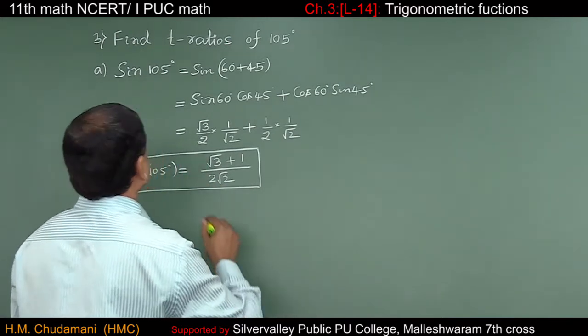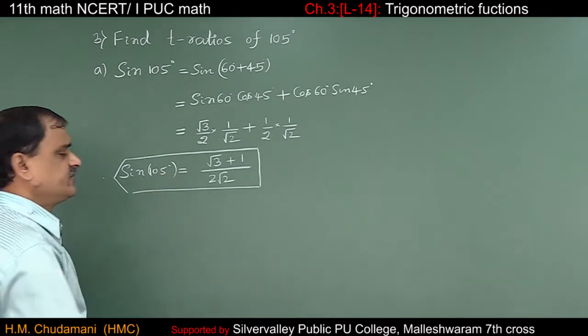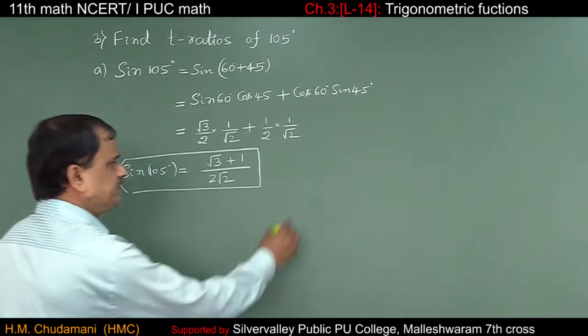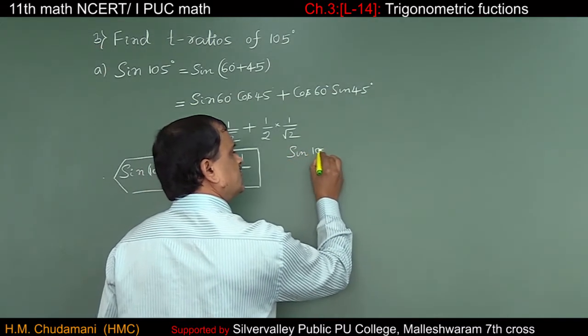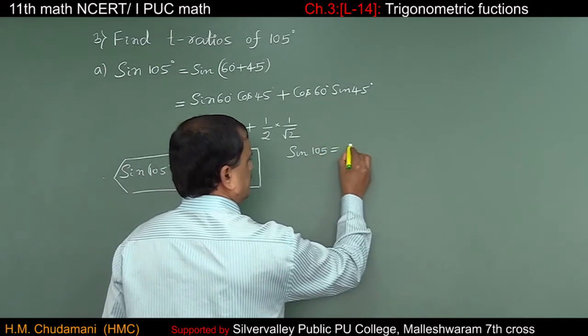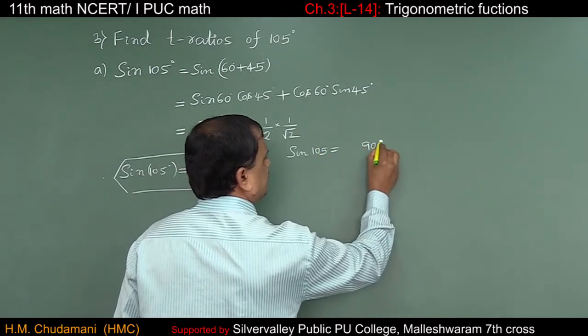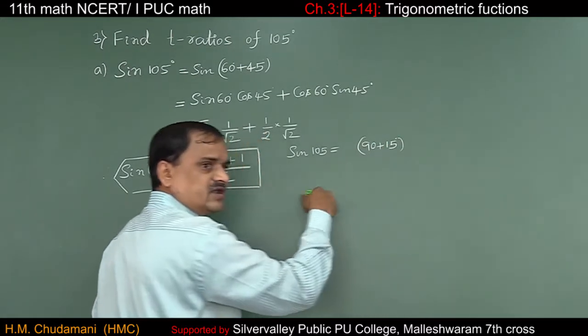105 you can write as 90 plus 15. See this, 105 degrees can be written as 90 plus 15. 90 plus 15 means 90 plus theta.